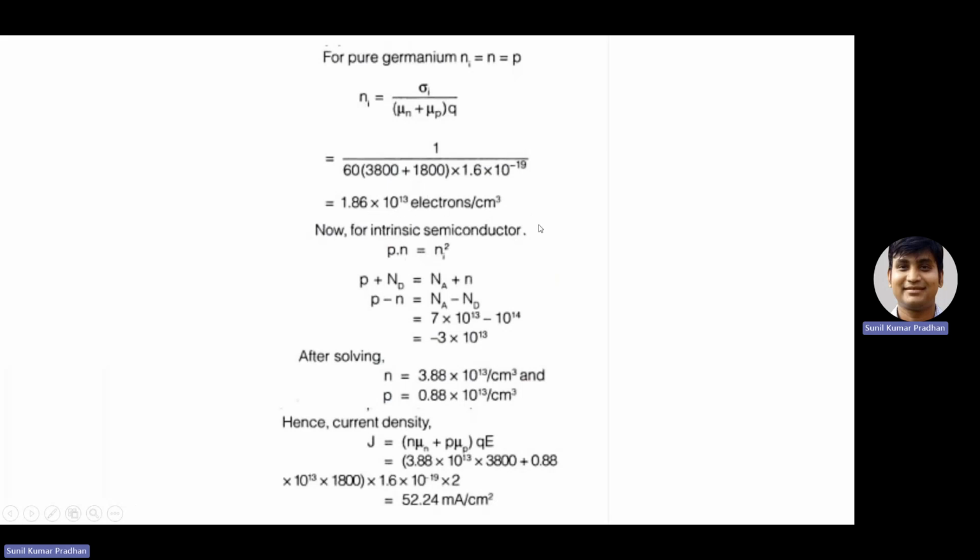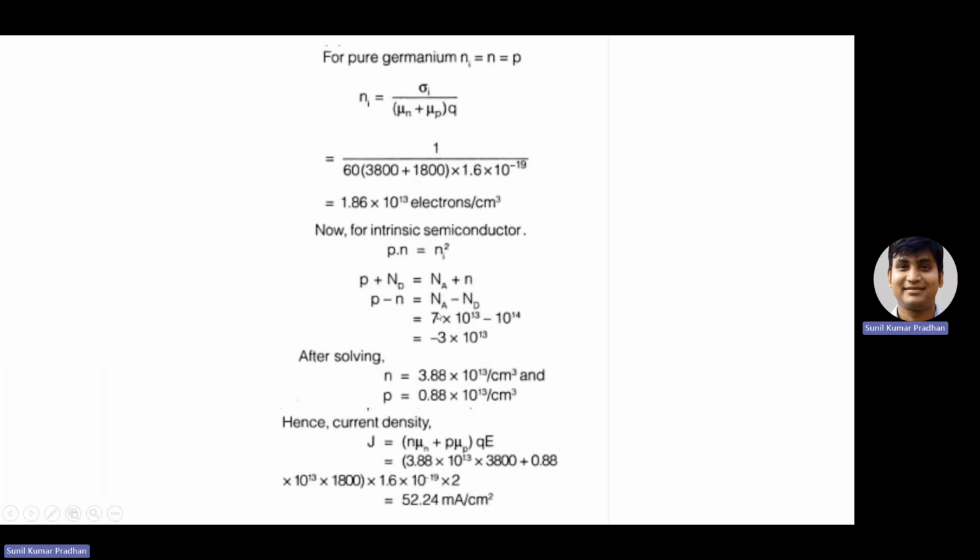Now for intrinsic semiconductor, as you know, the multiplication of hole and electron concentration will be equal to Ni square. And for charge electrical neutrality, P plus Nd is equal to Na plus N. P is your hole concentration, Nd is your donor concentration, Na is your acceptor concentration, and N is your electron concentration. So what is P minus N here? It will be Na minus Nd.